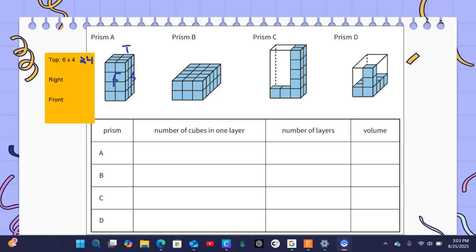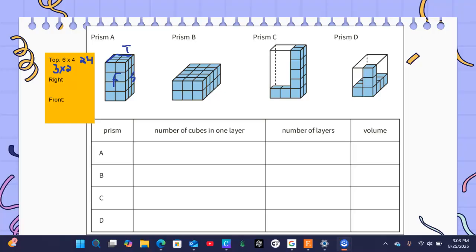So let's look at the top first, all right? Let's go back up to the top. The area of the base would be, we have 3 right here, and we have 2 right here. So we would type that as 3 times 2, and again we go down to find out how many we have.